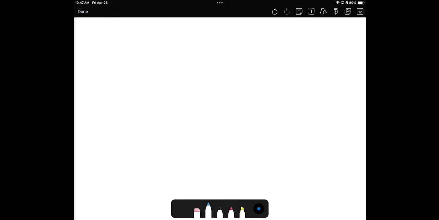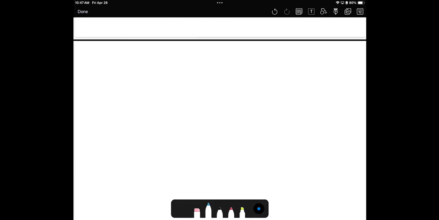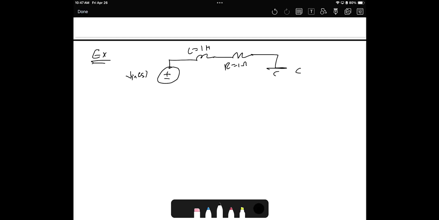Okay. Now I'm going to give you another example. Assume we have this. This is important. L equals 1 Henry, R equals 1 ohm, C equals 0.1 farad, and this is plus minus V out of S. Assume we have this, and we need to find the transfer function.